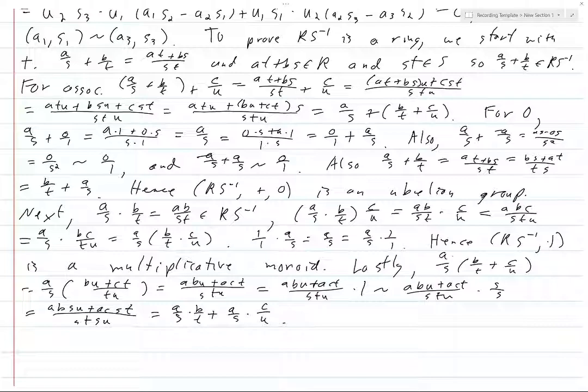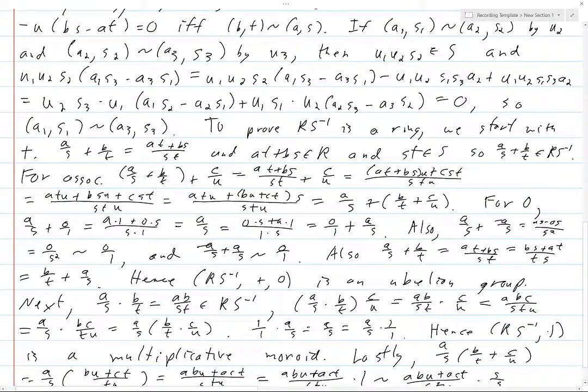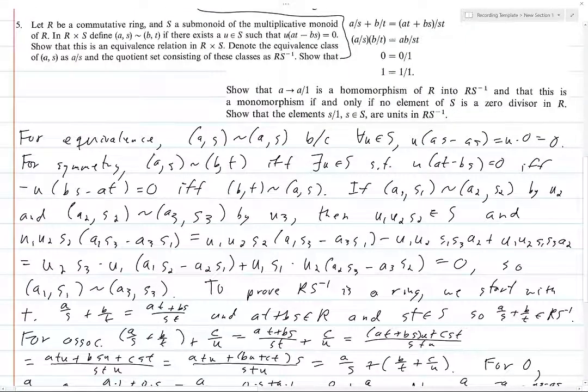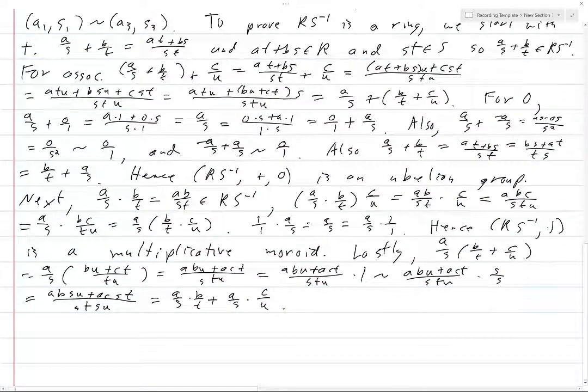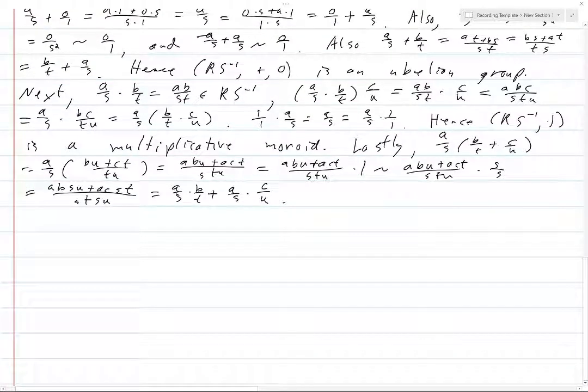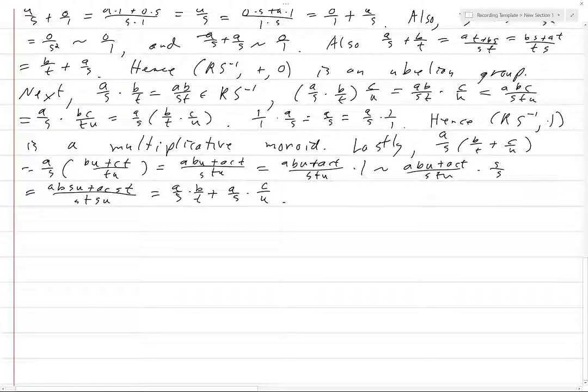Well, wait a minute, is R commutative? R is commutative. Yeah. So that's all fine. And so the other distributive law follows from the fact that this is a commutative ring. So there we go. So hence, our S inverse R is a ring.